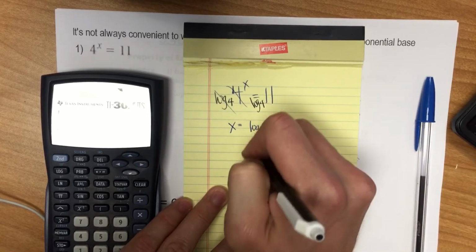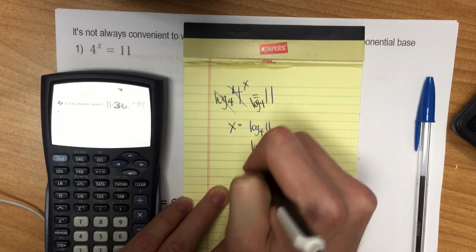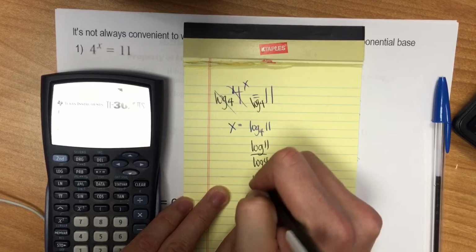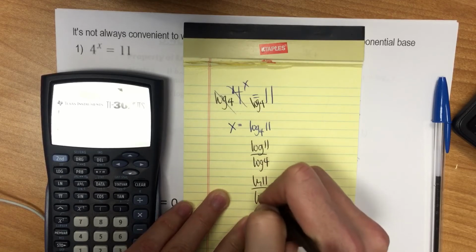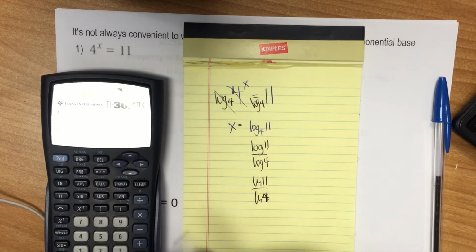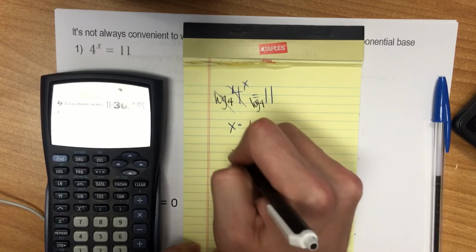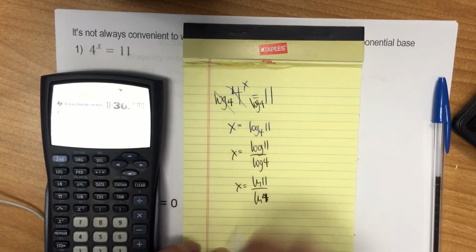You can change this into log of 11 over log of 4, or you can change it into the natural log of 11 over the natural log of 4. And if you remember from the change of base formula, that's just log of the big number over log of the small number. Both of these are going to give you the exact same answer.